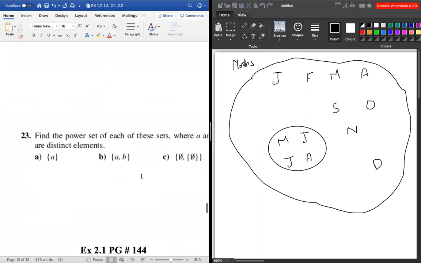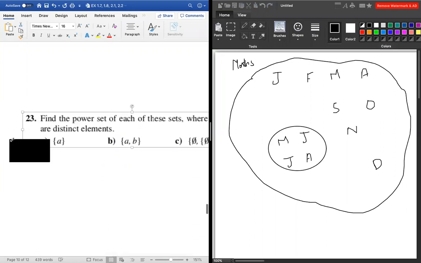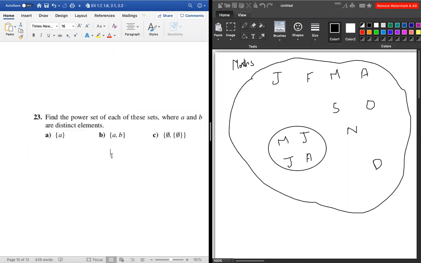So next we have question number 23. Basically we have to find the power set of each of these sets. Power sets are basically all the possible subsets of that set. So let's take this.